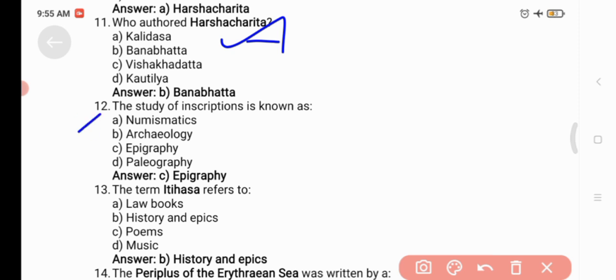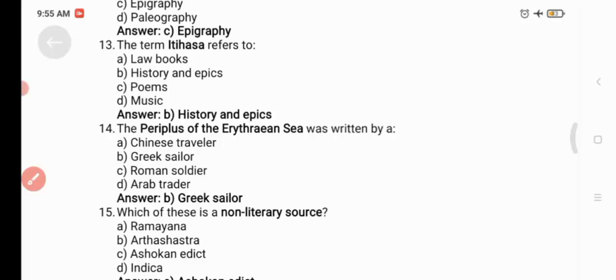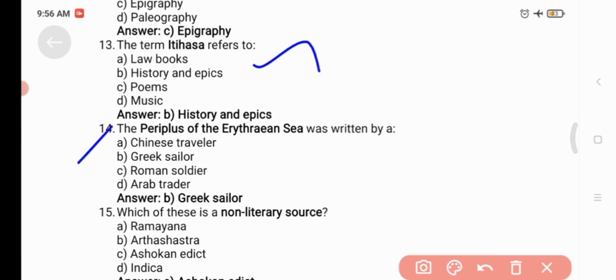The study of inscriptions is known as option C, epigraphy. The term Itihasa refers to option B, history and epics. The Periplus of the Erythraean Sea was written by option B, a Greek sailor.